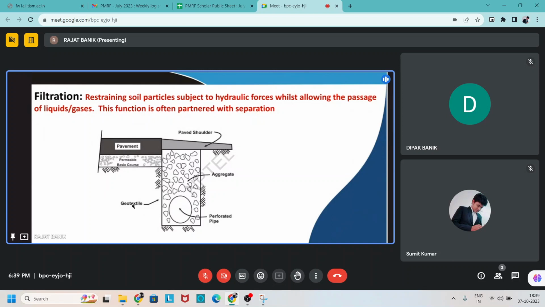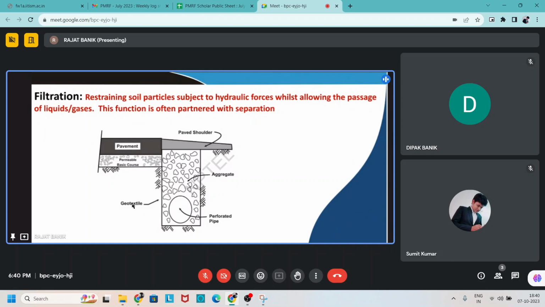So you can see the figure also. This one pavement is here, and below the pavement there is one permeable layer, and then we can use textile material as a filtration in between. We use some good drainage material, that means gravel aggregate, and also perforated pipes are put into it.